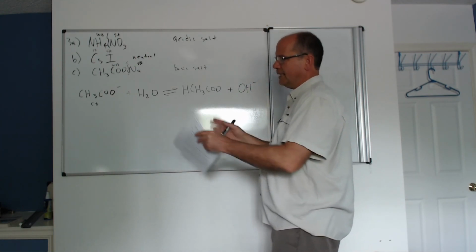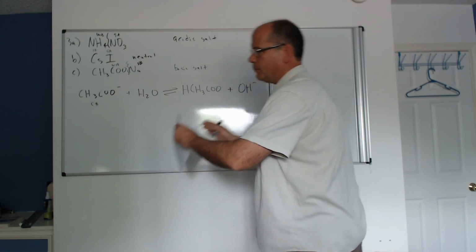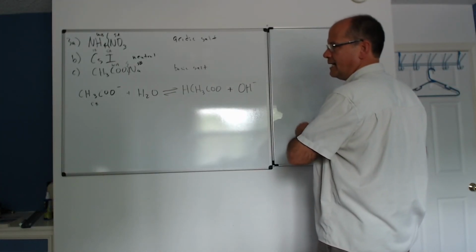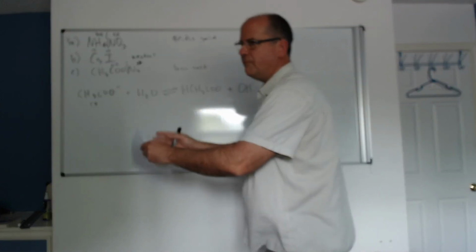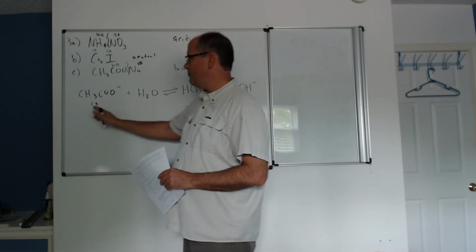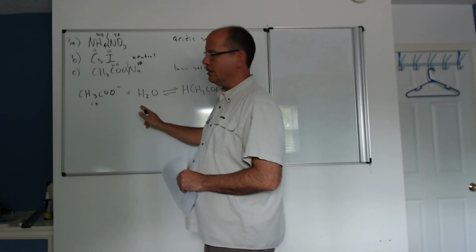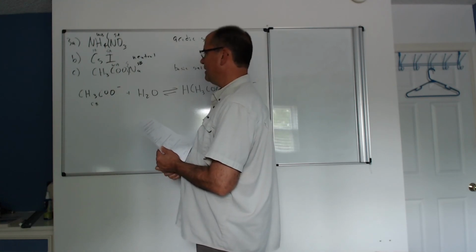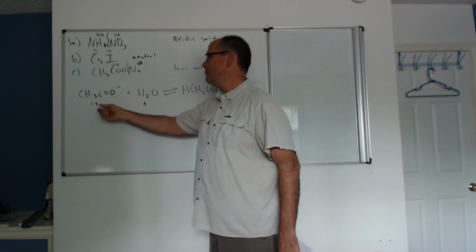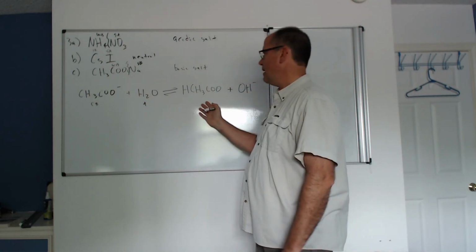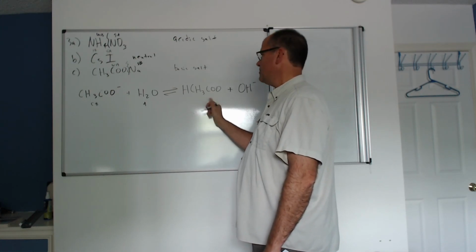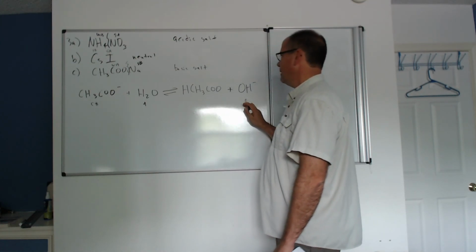Acetic acid, when it produces the acetate ion on the other side, makes the conjugate base of the acetic acid. So if this is a base in water, the water is going to act like the acid. It's amphoteric. And if this is the base, it's going to take a hydrogen. So now what do we have over here? Acetic acid and hydroxide.